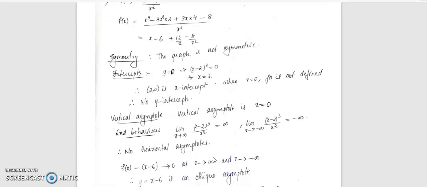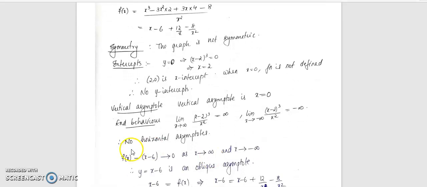Again, let us look into the oblique asymptotes. As we said earlier, f of x minus (x minus 6) will be equal to 12x minus 8 by x square. As x approaches infinity, 12x minus 8 by x square goes to 0.